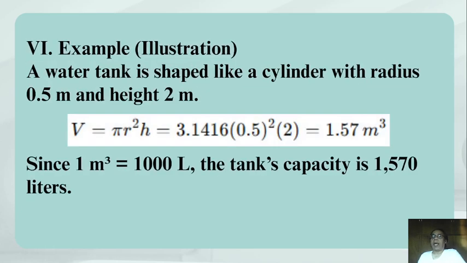Example: a water tank is shaped like a cylinder with radius 0.5 meter and height 2 meters. So the formula is V equals pi r squared h. Substitute the given data, the radius and the height, and knowing pi is 3.1416, the answer is 1.57 cubic meters.